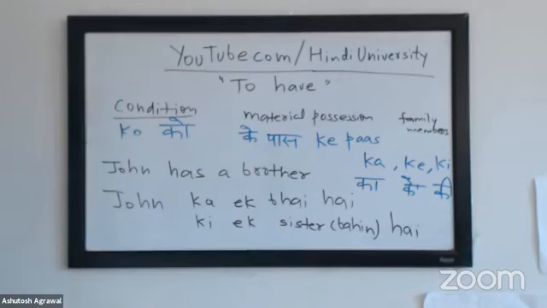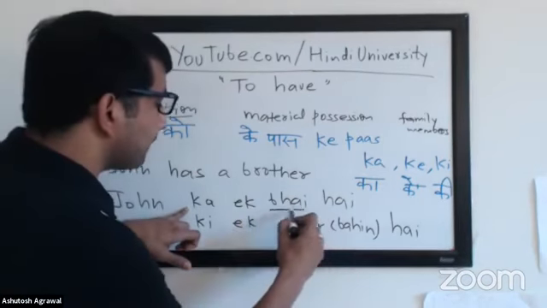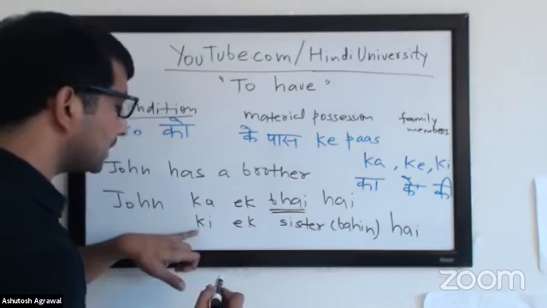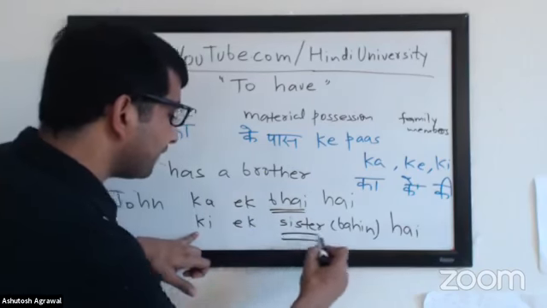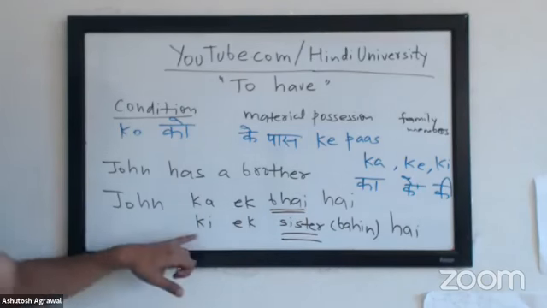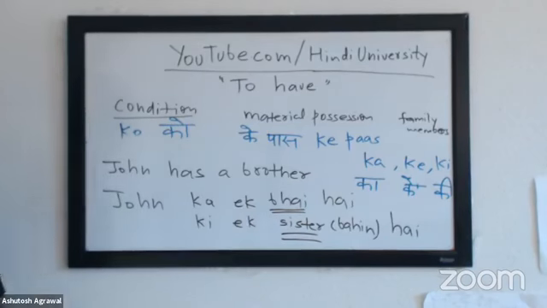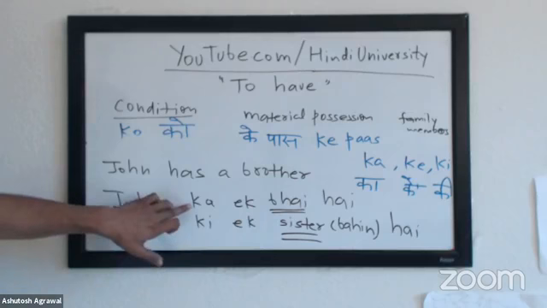Okay, similarly, so you can see ka is used for masculine singular. Ki is used for feminine singular. Okay, ki is also used for feminine plural. John की 2 बहनें हैं. Okay, so I hope this is clear.